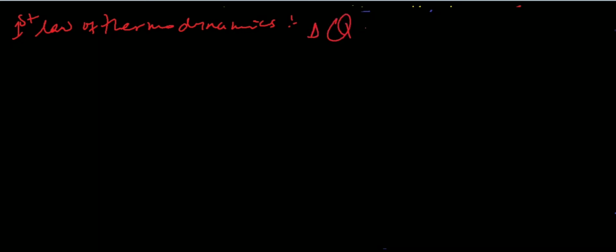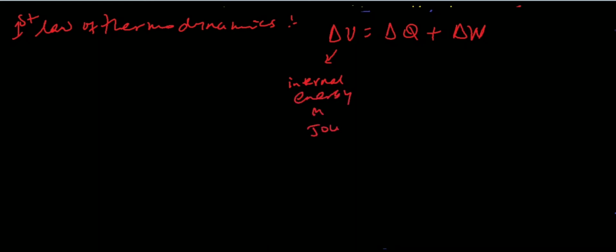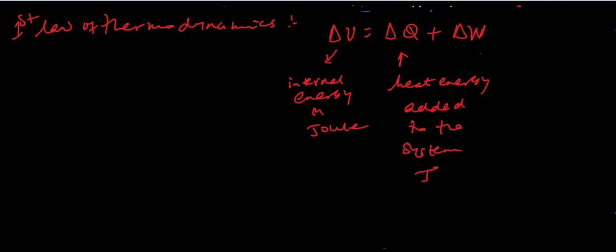Therefore, change in U equals change in Q plus change in W, where U is the internal energy in joules, Q is the heat energy added to the system also in joules, and W is the work done on the system, also in joules.